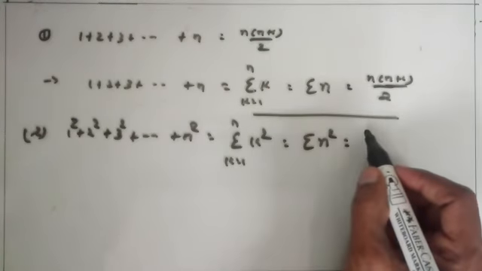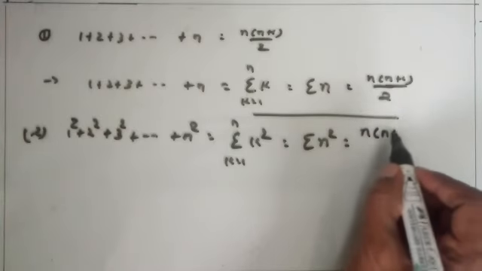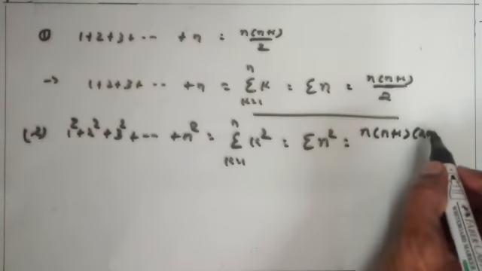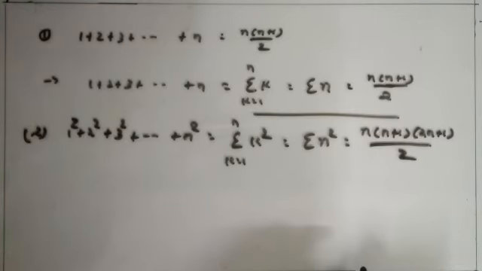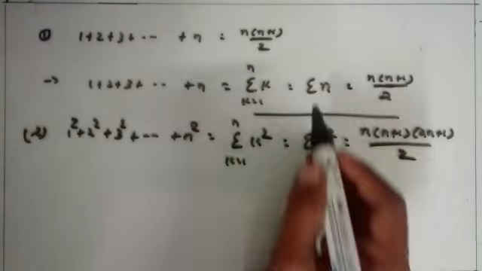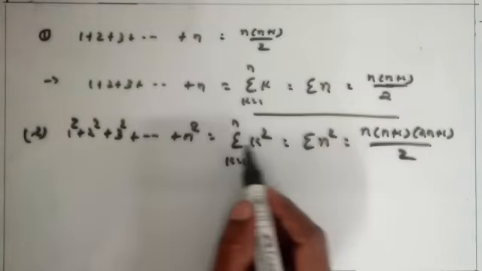Sigma n square is equal to n(n plus 1)(2n plus 1) by 6. Clear? Most important formula.